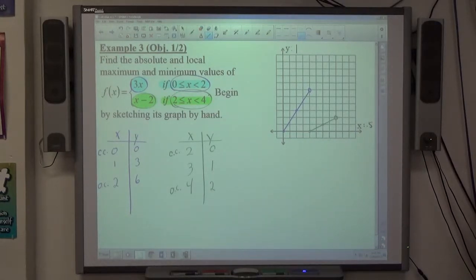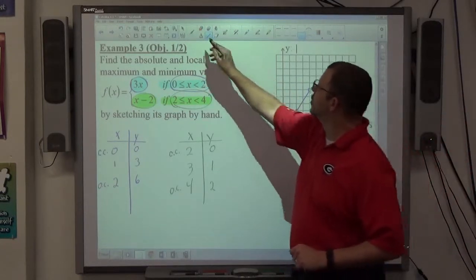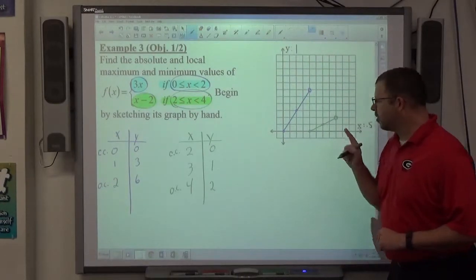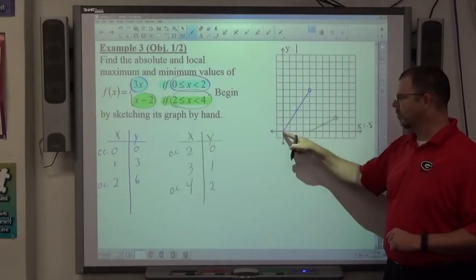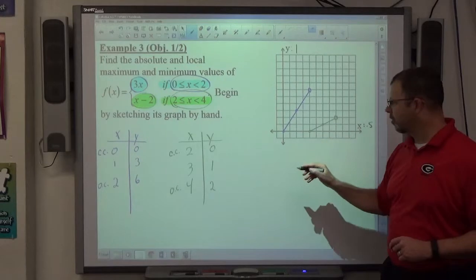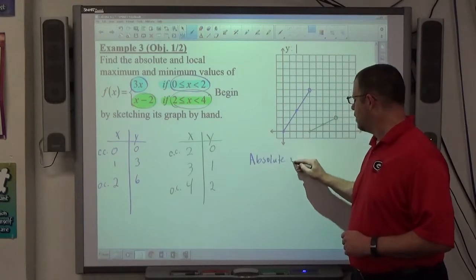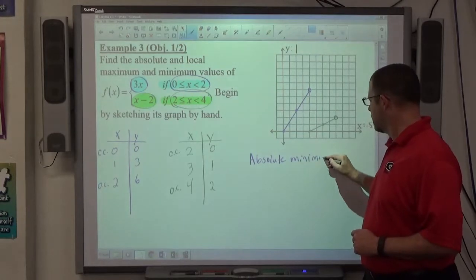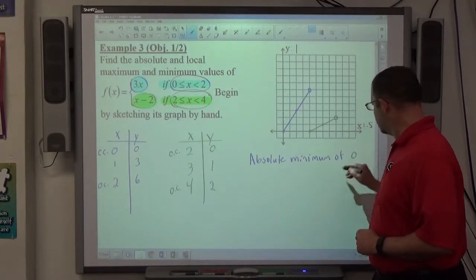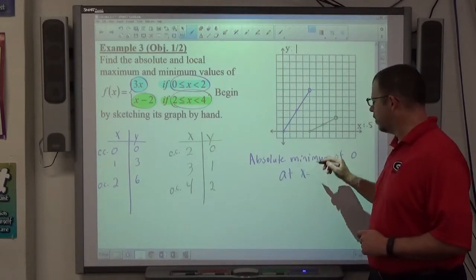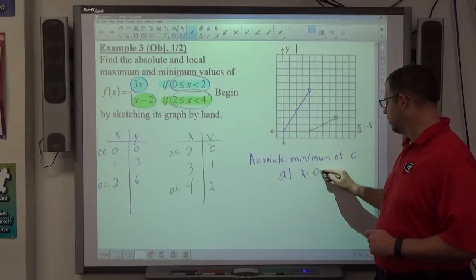So looking at this graph, again, I'm looking for absolute minimums, absolute maximums, local minimums, local maximums. All right. Looking at this graph, I can see that the absolutely lowest point it hits is here at 0. Happens twice, right? So just like the last graph, absolute minimum of 0 at x equals 0 and again at 2.